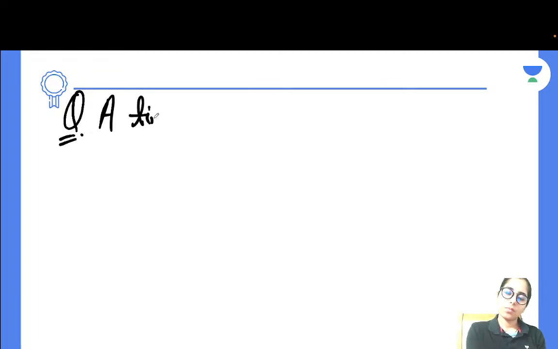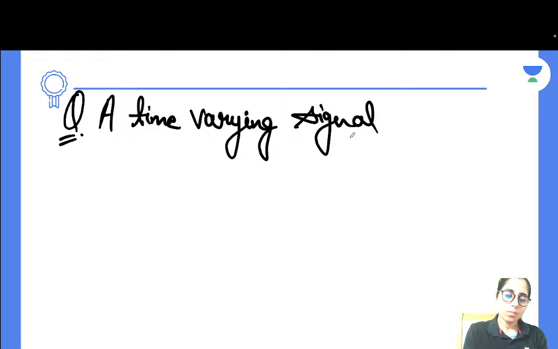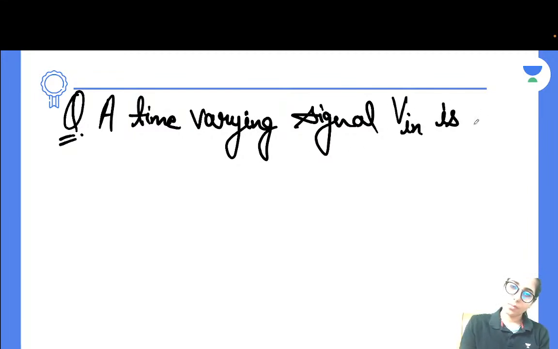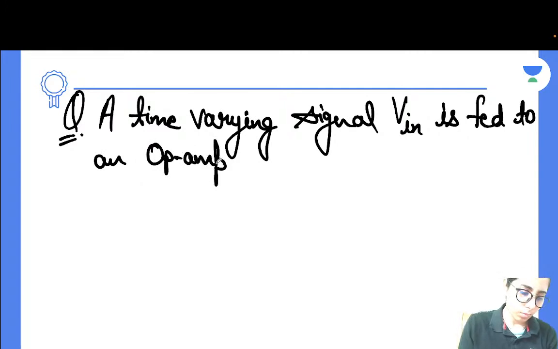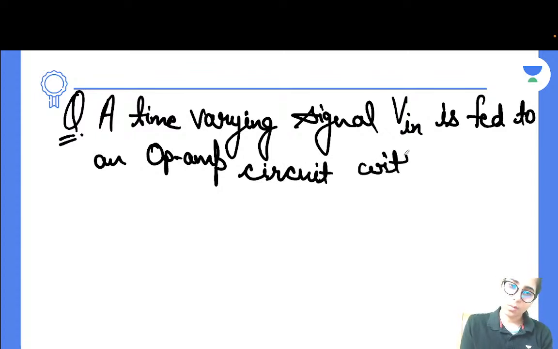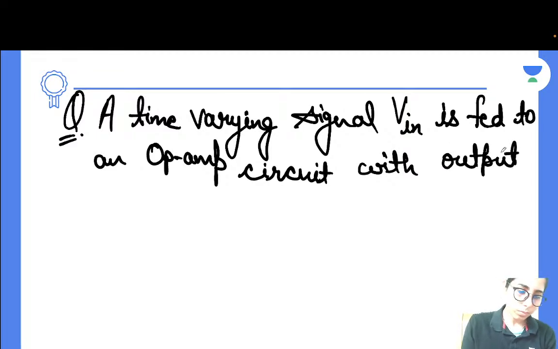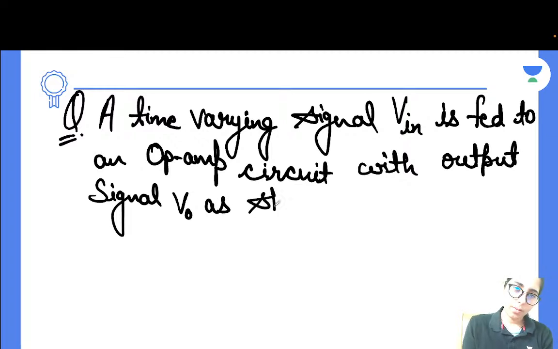A time varying signal V in is fed to an op-amp circuit with output signal V naught as shown in the figure below.